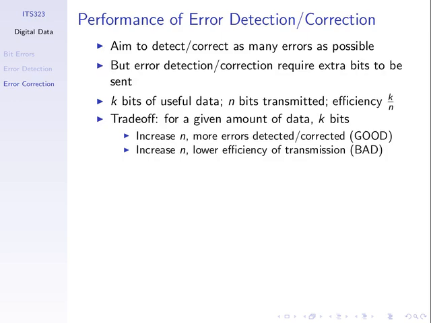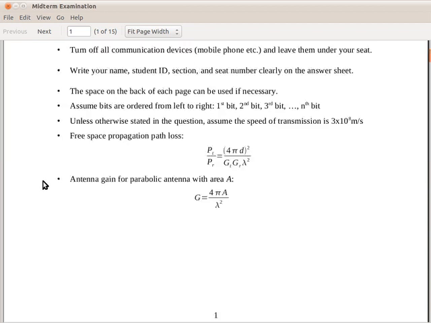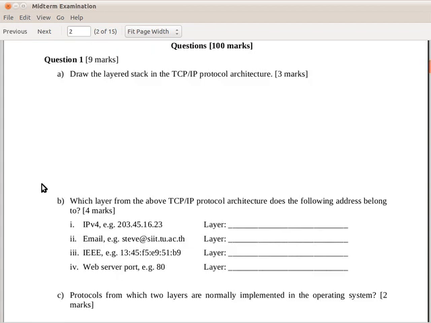Let's look at last year's exam, which you have in the handout. We won't answer all of them. We'll just give you an idea of the types of questions.